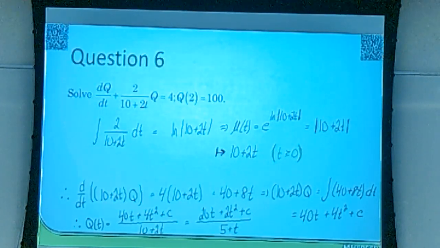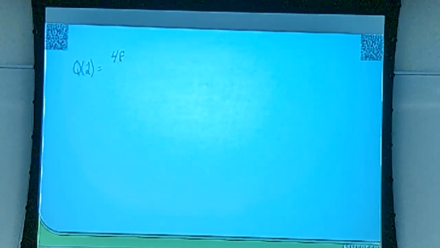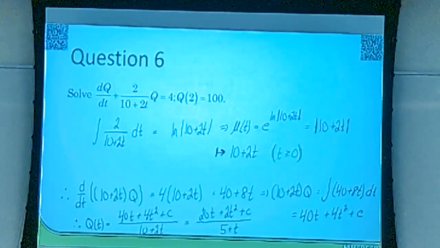20 times 2 is 40, right? 2 squared? 4. 4 times 2 plus 40. Five plus 2.